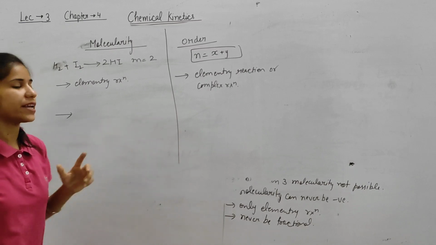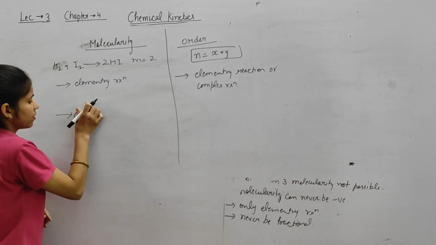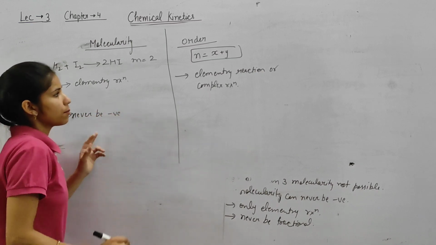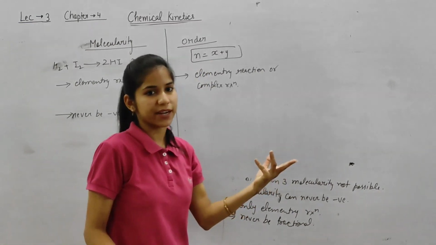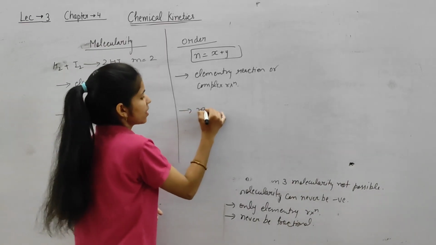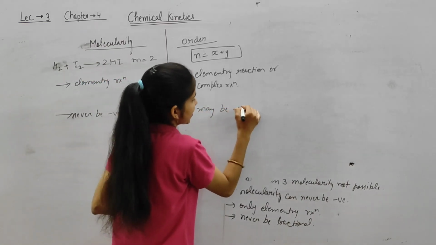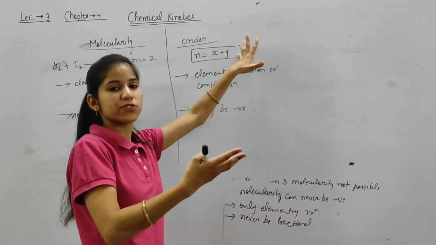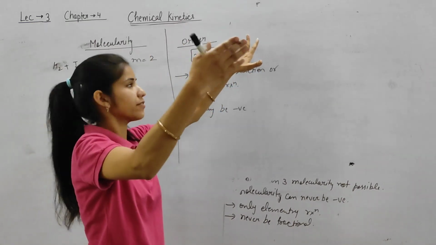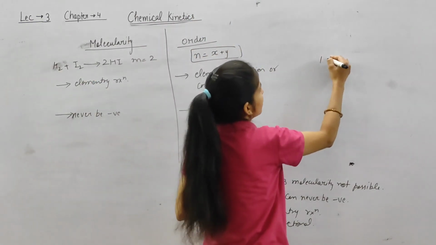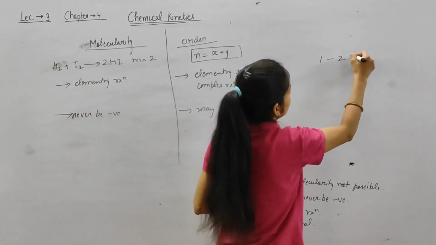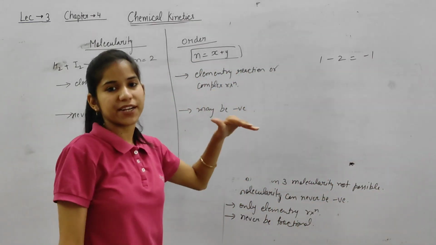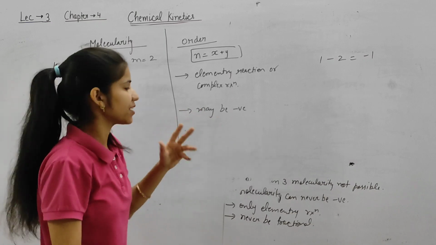Molecularity can never be negative. But this order may be negative. If some power is negative, like x is 1 and y is minus 2, so order is minus 1. So this order may be negative.